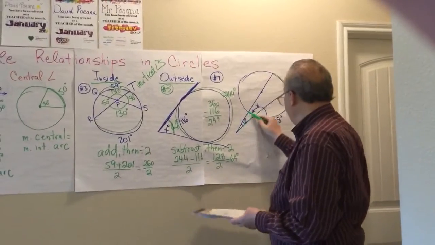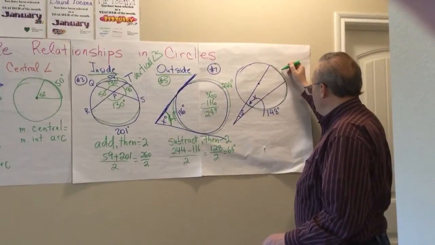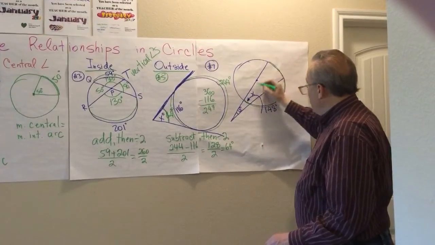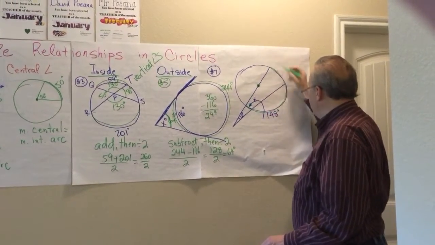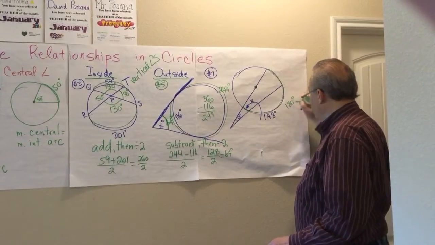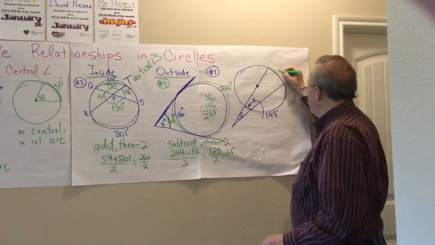If it's 148, how much is this angle right here? Because I go through the center, all this arc is 180. You subtract 148 and you get 32 degrees.